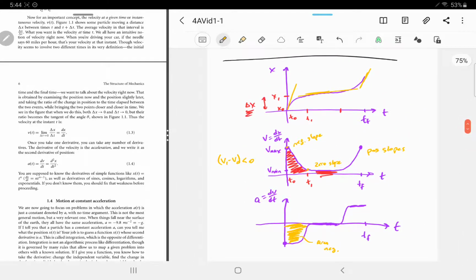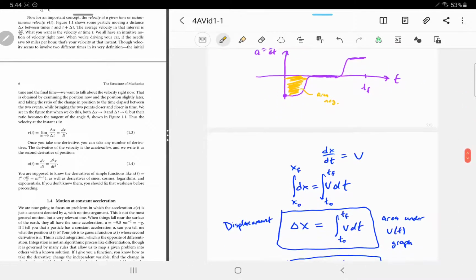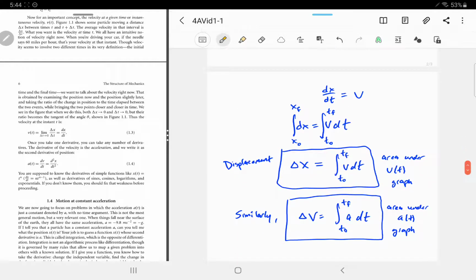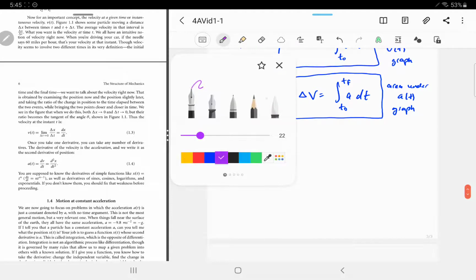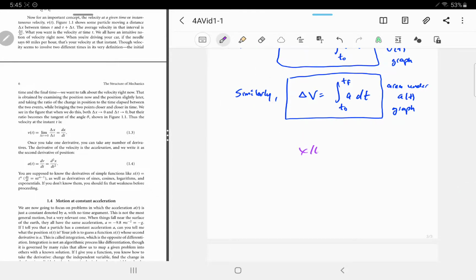All right. So there's a lot of fun you can have just playing with calculus and these quantities, right? To summarize, you have x of t, you have v of t, and you have a of t. Position, velocity, and acceleration. To go this way, you have to take a derivative.